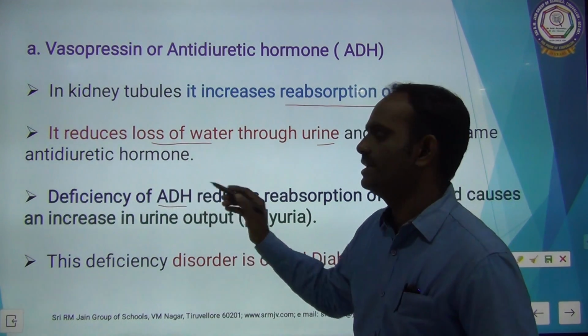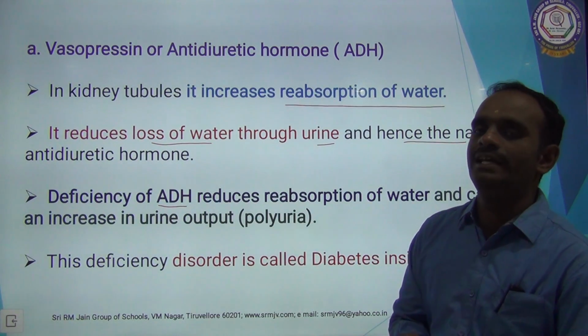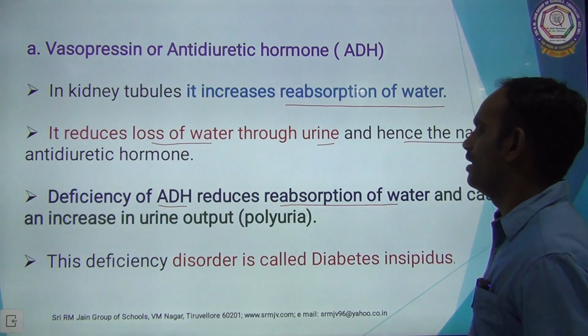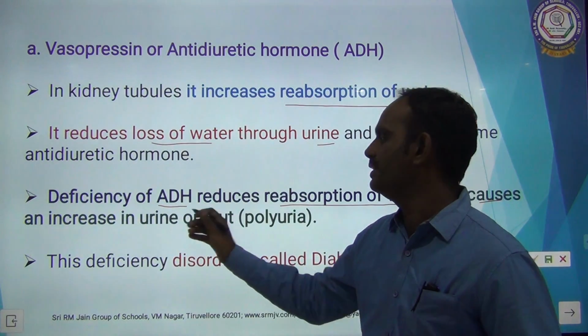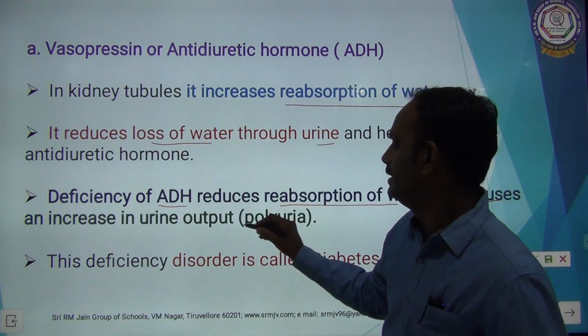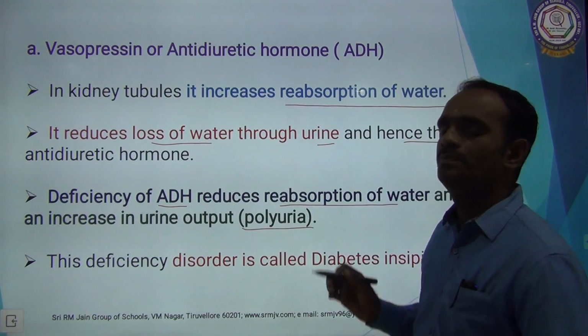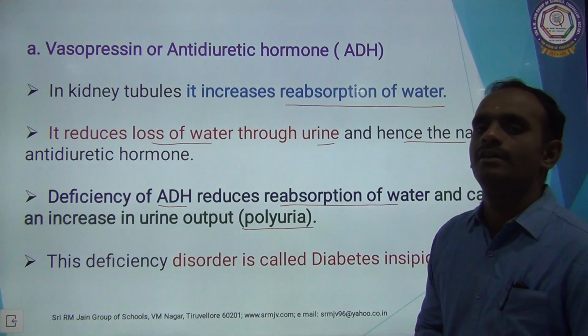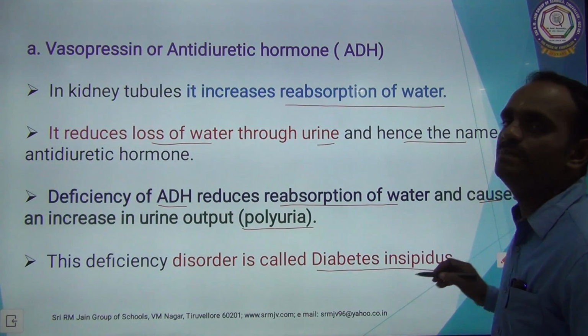Deficiency of ADH, so low secretion of ADH, reduces reabsorption of water and causes an increase in urine output. Increased urine output is called polyuria. This deficiency leads to a disorder called diabetes insipidus.